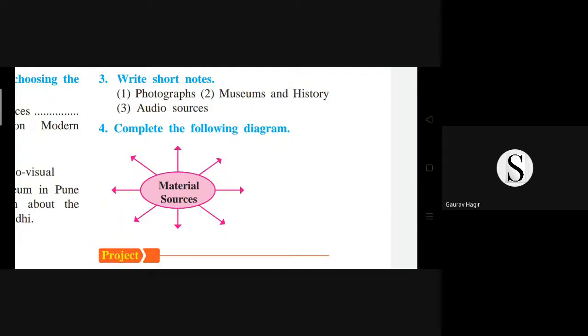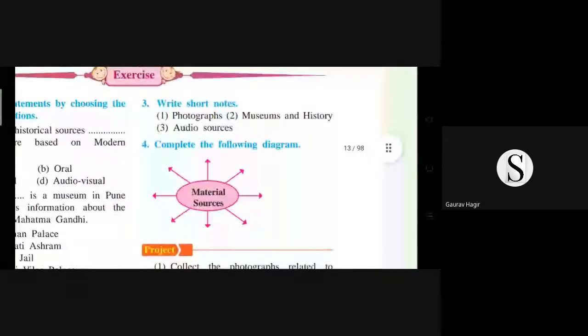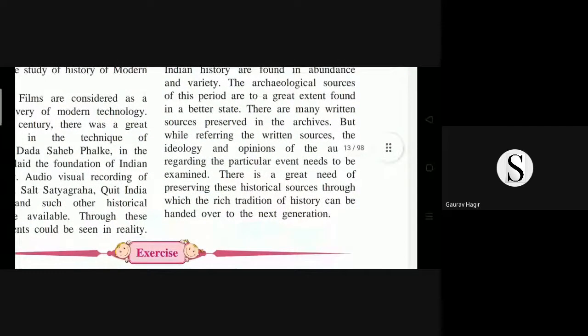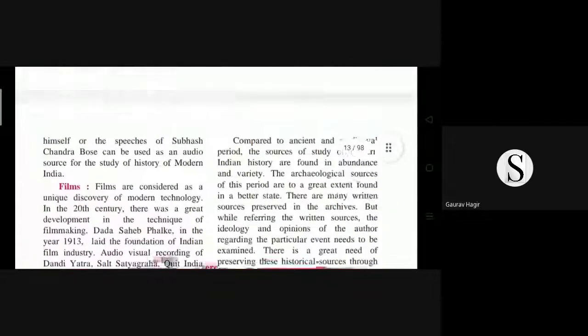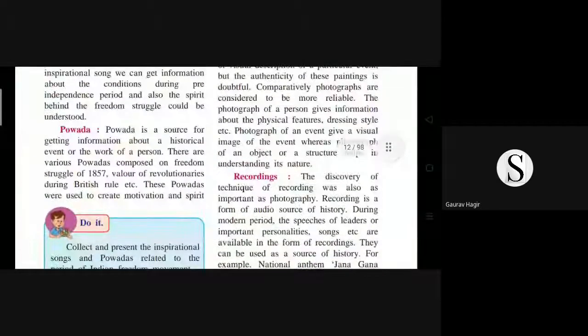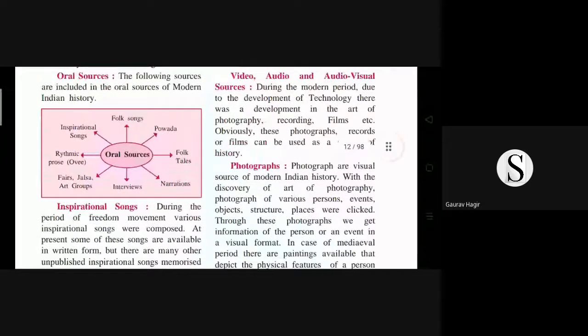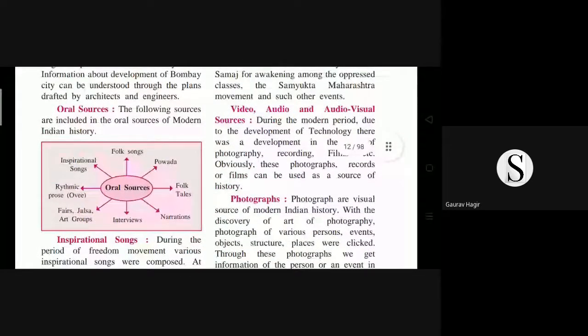Jana Gana Mana, sung by Rabindranath Tagore, speeches of Subhash Chandra Bose, Mahatma Gandhi, speeches of leaders and personalities, and broadcasts of Akashvani. We get to know about the prevalent social, cultural, intellectual, and educational history of a particular period from the audio source. It is helpful for students conducting research in history.